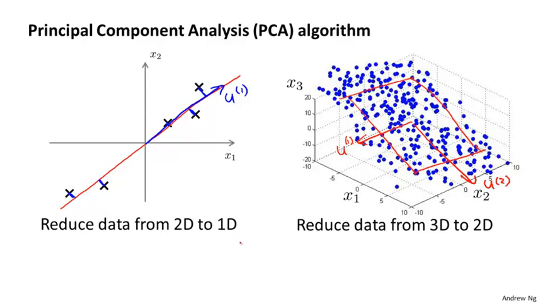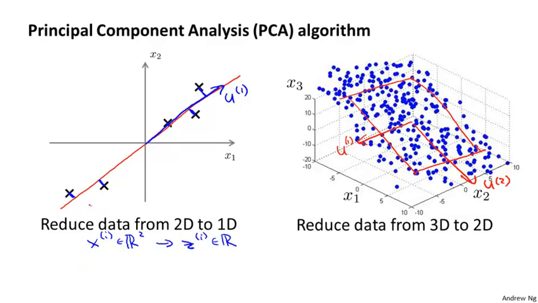So just as a quick reminder of what reducing the dimension of the data means, for this example on the left, we were given examples xi, which are in R2, and what we'd like to do is find a set of numbers zi in R with which to represent our data. So that's what reduction from 2D to 1D means.